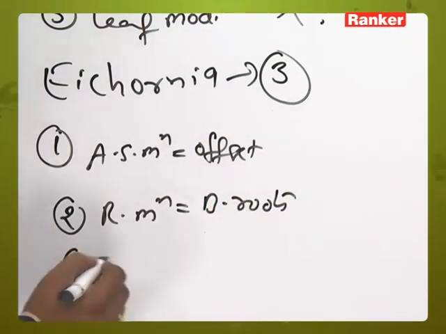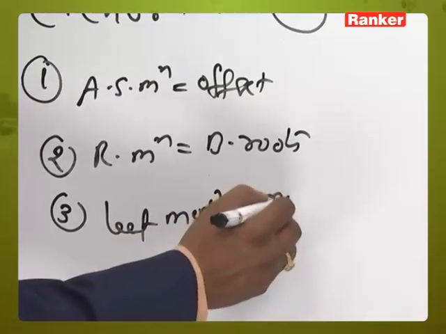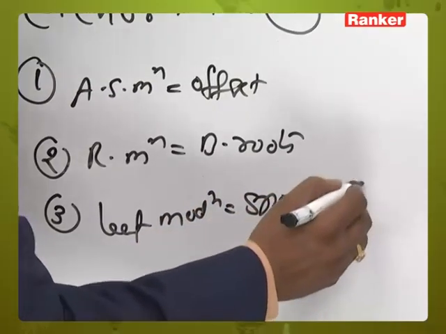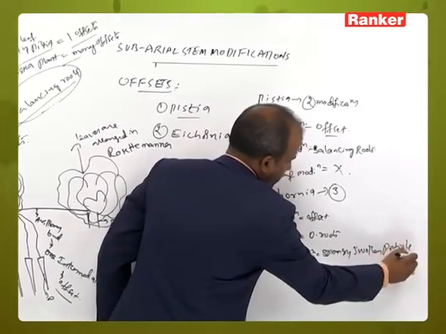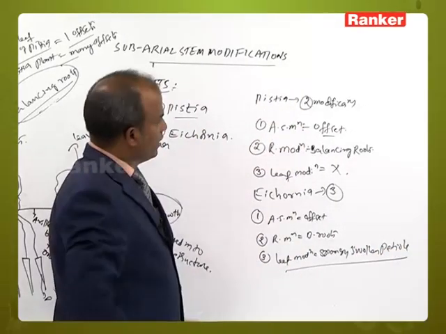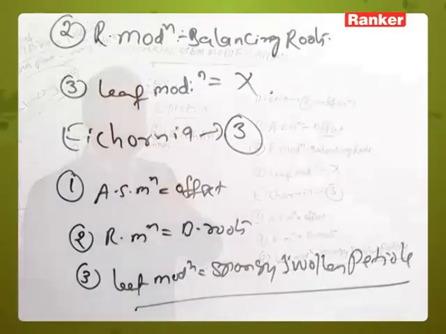And the third, leaf modification, that is spongy swollen petiole. That means Pistia shows only two modifications, but Eichhornia shows three.